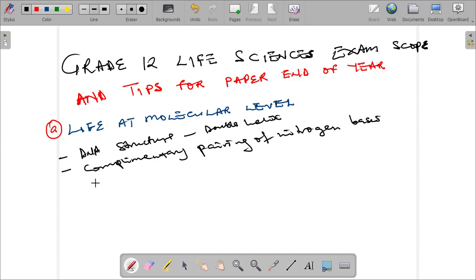You remember very well that we talked about A pairing with T, and G pairing with C. That is the complementary pairing.